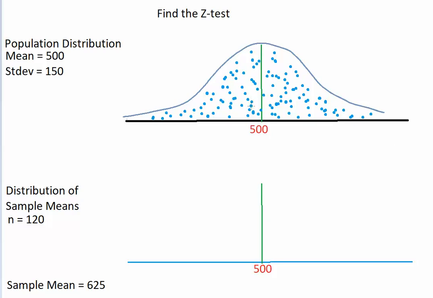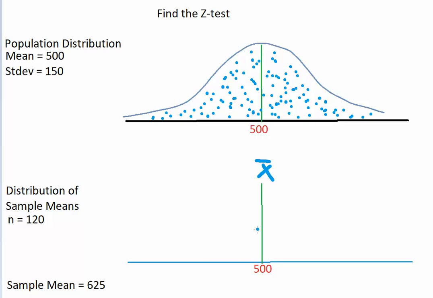And from those 120 dots, we would get one sample mean. And that sample mean would then be recorded here for a distribution of sample means. So with 120 values, that sample mean is going to be a really good estimate of the population mean. We expect it to be pretty close to 500.